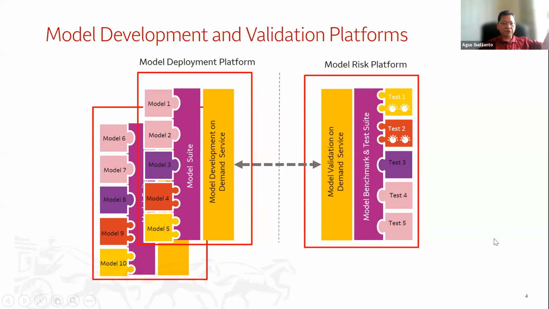We have a series of models, many models, and many tests done by various different groups, and they need to be able to connect, to be able to invoke on-demand testing from both sides. So this is what we are thinking about. A model developer is building an application of the model itself. They need to be tested.